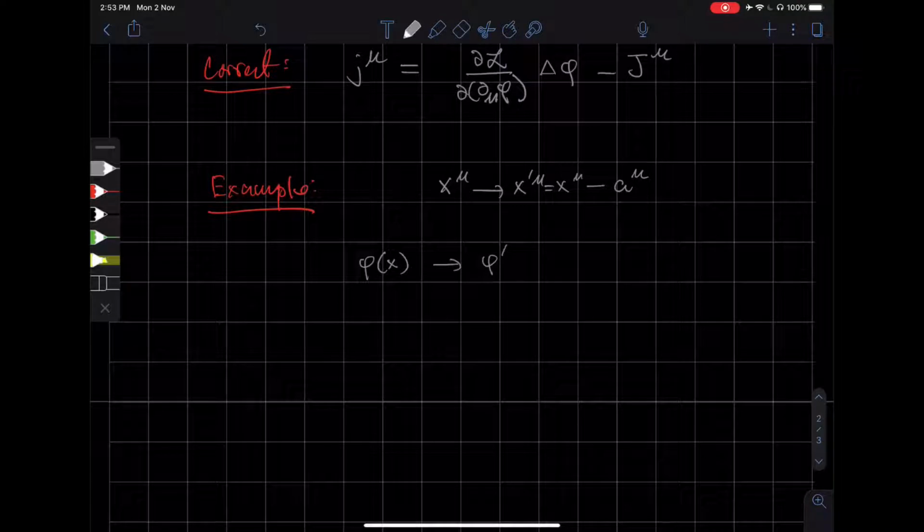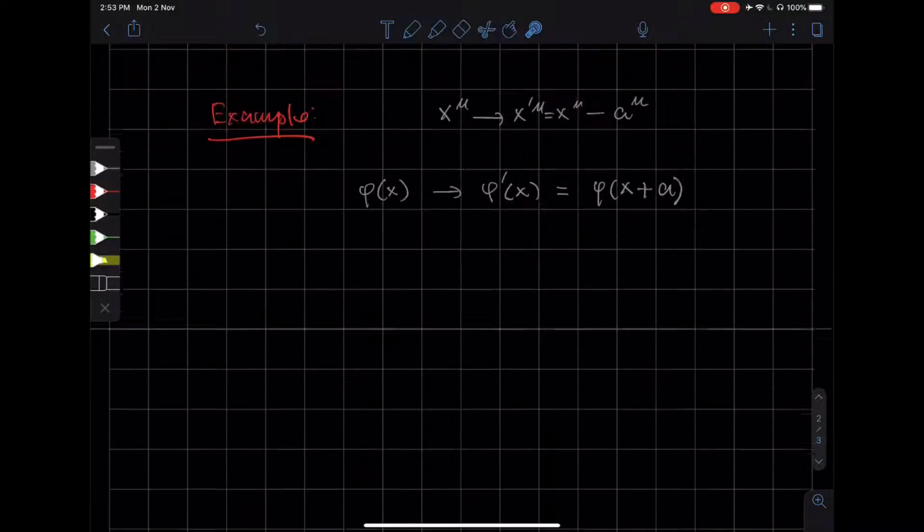And if we evaluate phi prime at the numerical value x, then it is related to the old field phi, but with its argument shifted to x plus a. Note the difference between the sign here and the sign here. So, how do we make sense of this? Let me just quickly remind you how this is done.